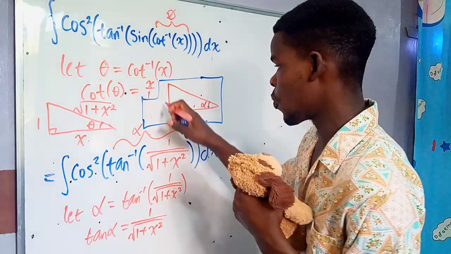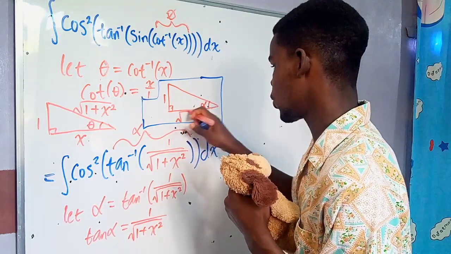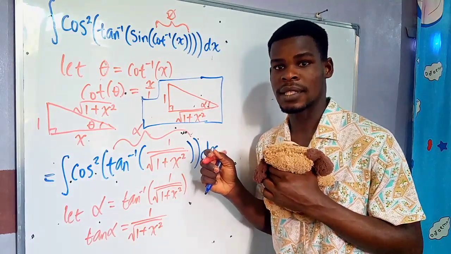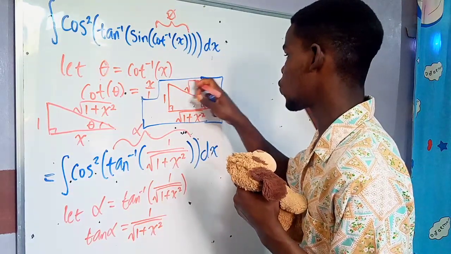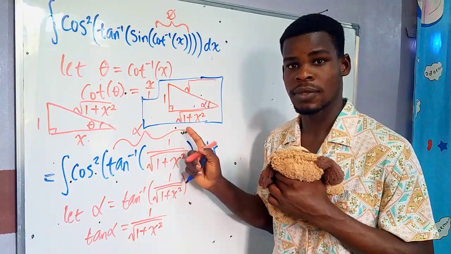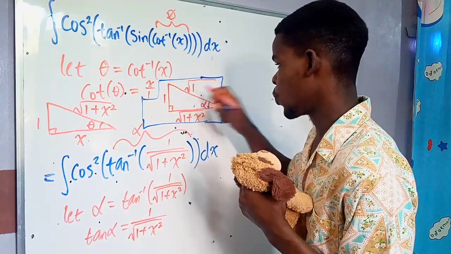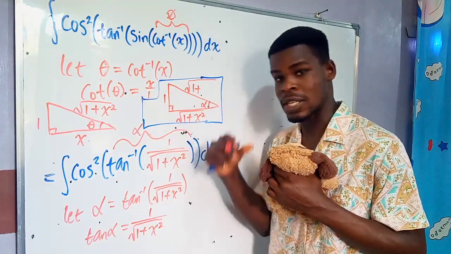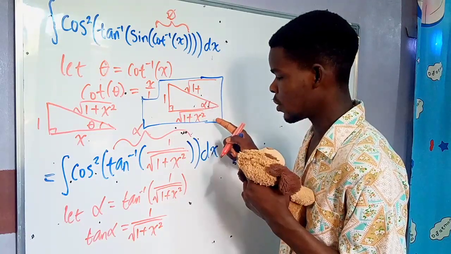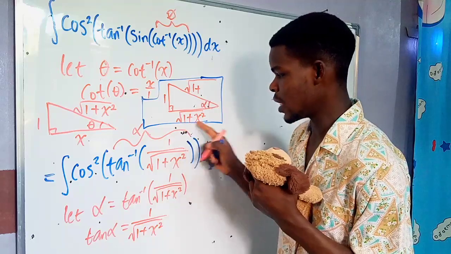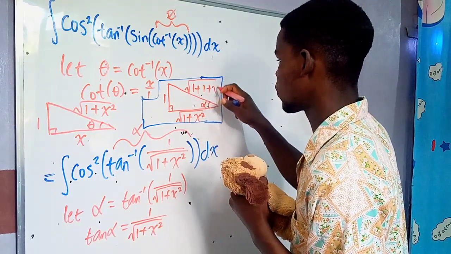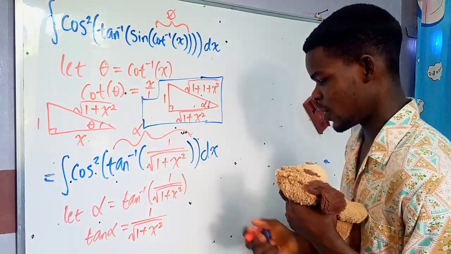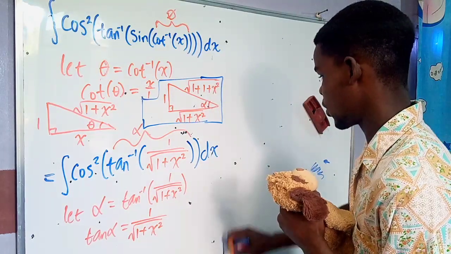So that means the opposite will be 1, and the adjacent will be the square root of 1 plus x squared. The hypotenuse will be the square root of the sum of the squares of the other two sides. So we square 1, and we add it with the square of this other side. You notice this other side is under a square root, so when you square the square root, we're going to have the inside, which is just 1 plus x squared. And as you can see, this will be 2 plus x squared, right? Anyway, let's just leave it like that. We are still going to make use of that fact.